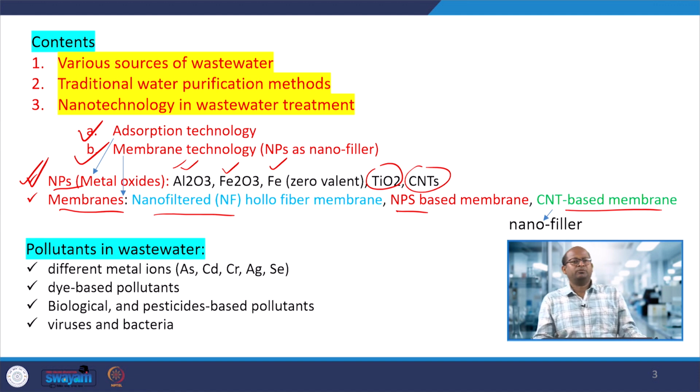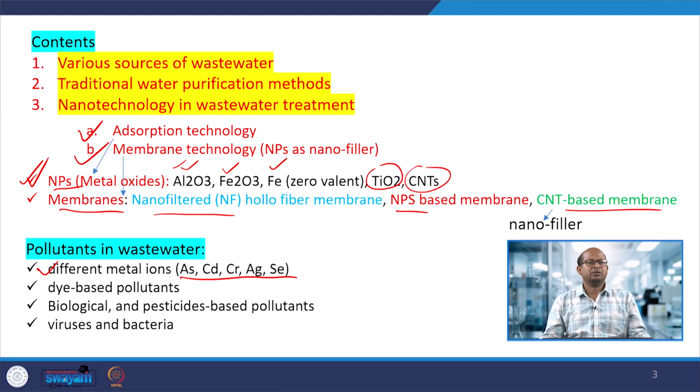So, the pollutants present in wastewater may be different types of metal ions, that may be arsenic, cadmium, chromium, silver, selenium. So, these are the metal ions that are present in different oxidation states. That is bad for human health, plants, and other things.